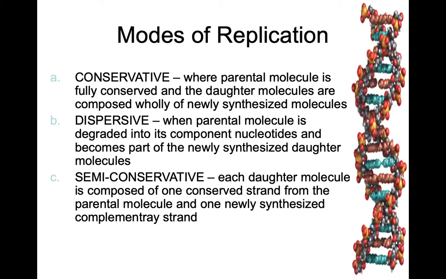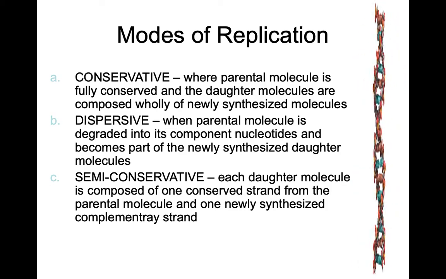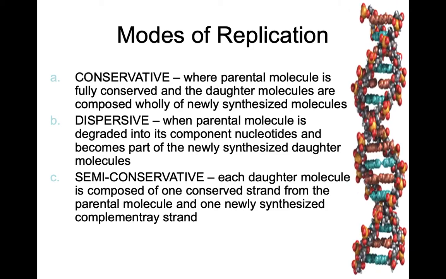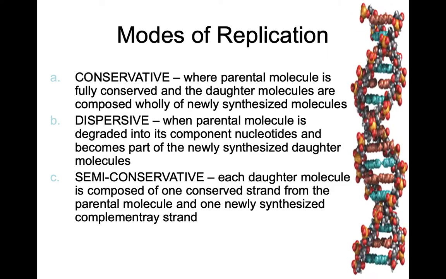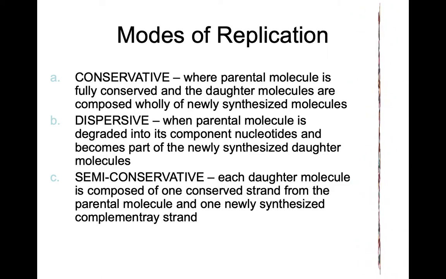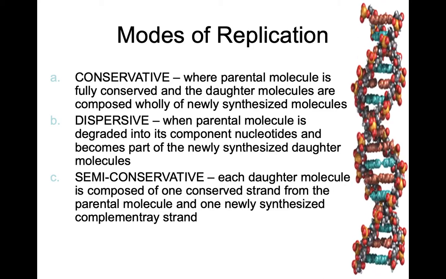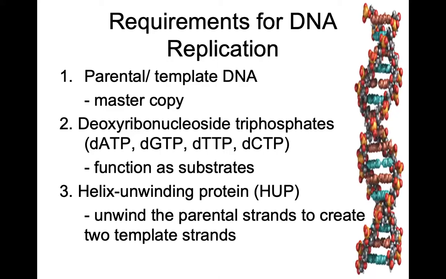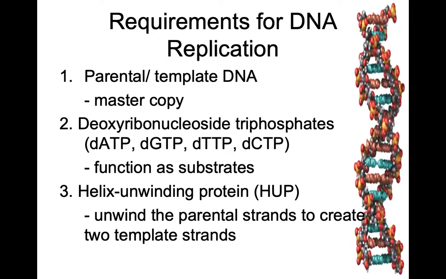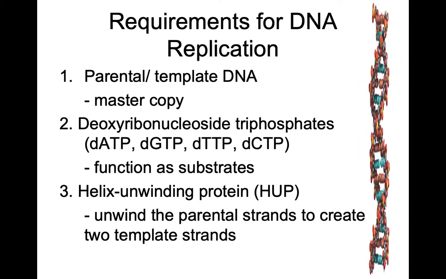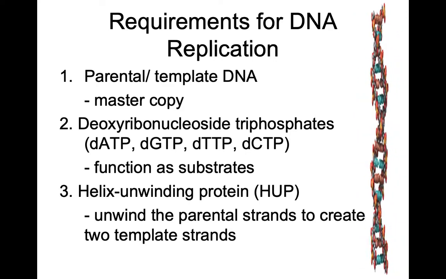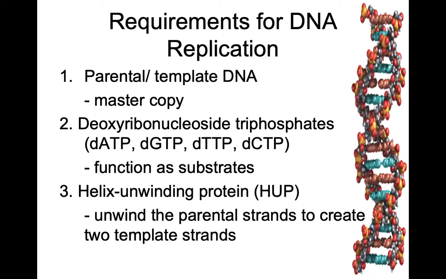In the succeeding module, we will talk about the specifics of the process of DNA replication. But let me introduce to you what elements or what proteins are required for replication to take place. So, aside from proteins, what other elements? One of the first elements required is, of course, the template DNA, the parental DNA, which serves as the master copy of the sequence or the gene.